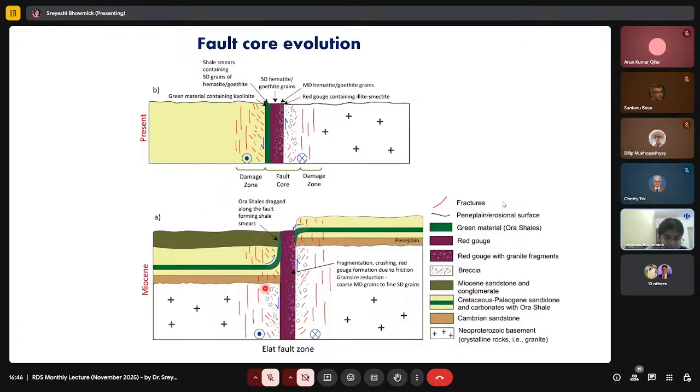Once this happened, the clay layers got dragged into the core. So in the present day, we find that on one side we have the granites, then the red gouge, then the green material, which is basically derived from the shale smear, and then the fractured carbonates. This whole work is under review.